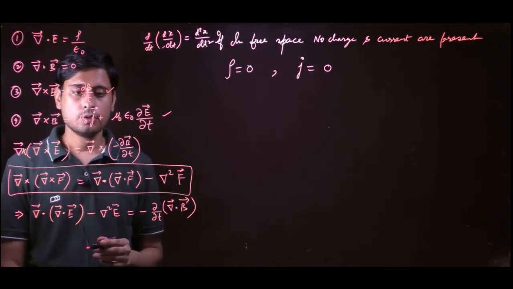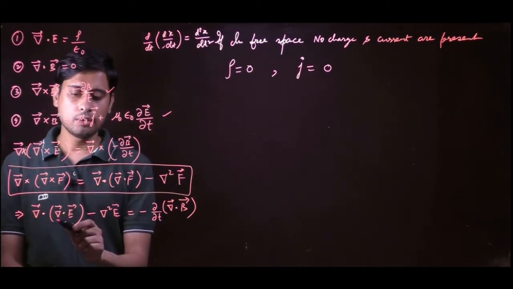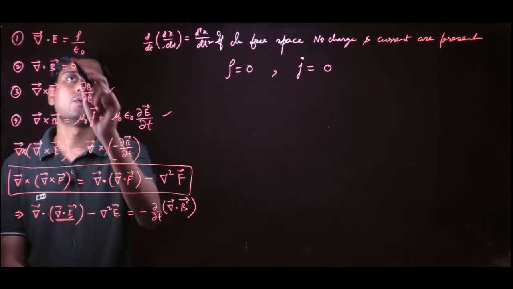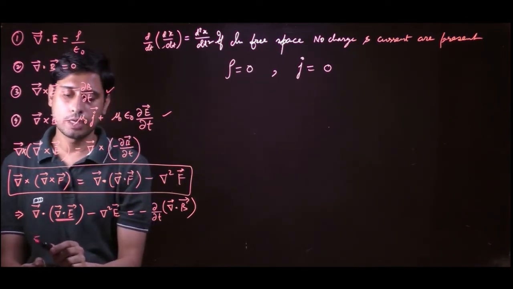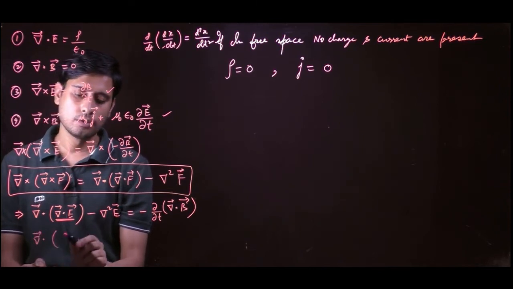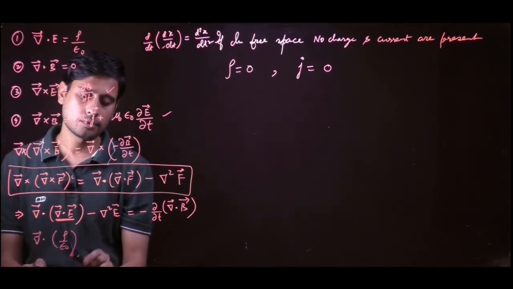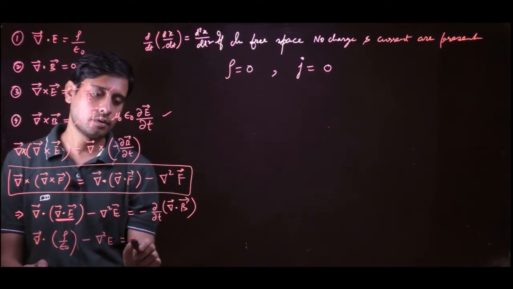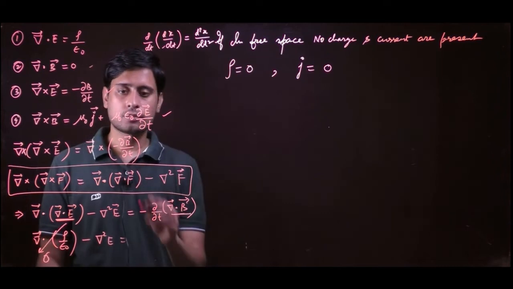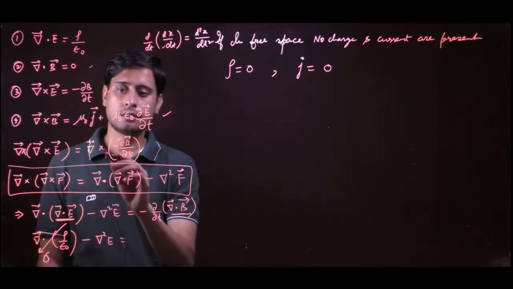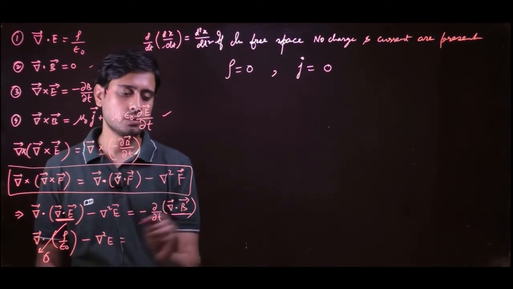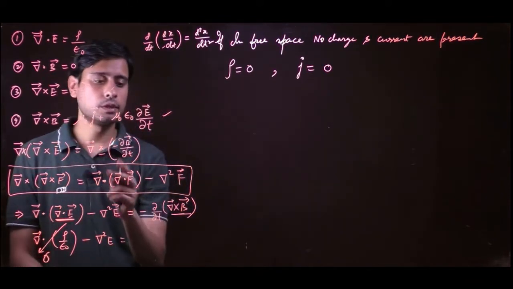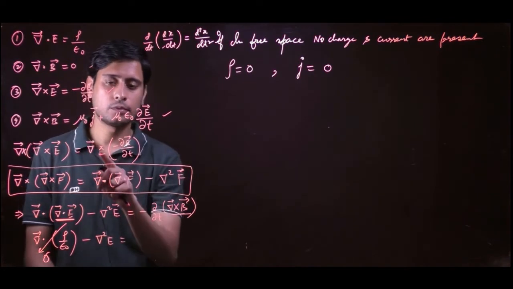So just take that there is no accumulation of charge and no current, so the current density is also 0. Now del dot E is what? Rho upon epsilon naught. So you have to write it as del of rho upon epsilon naught minus del squared E equal to, actually there is a mistake here, it was a cross term, so it must be a cross. We have swapped it, but it does not change from cross to a dot.